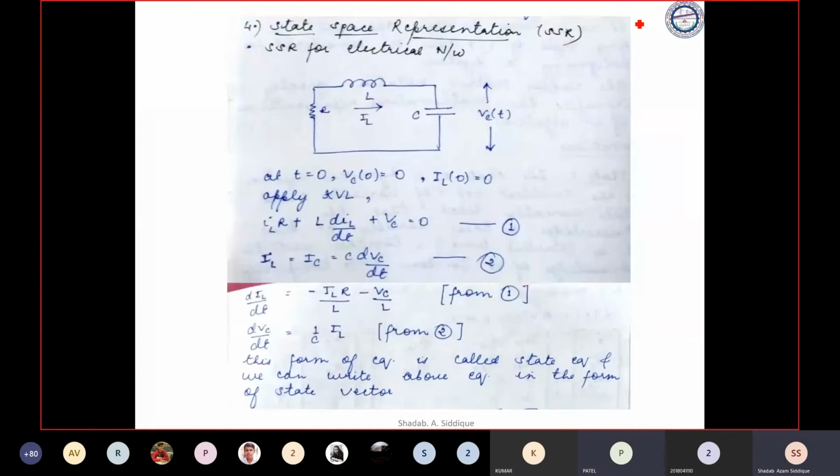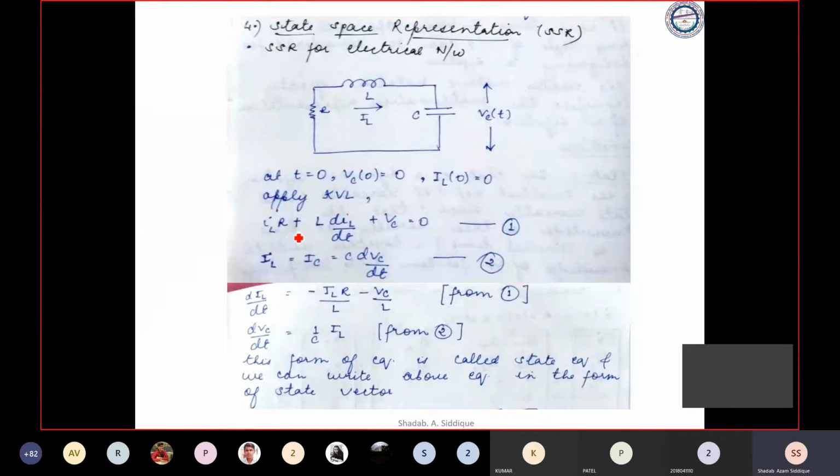Using the KVL equation, we have written the equation. IL is the current of the inductor, and IL is also moving inside this circuit. So the equation using KVL will be IL into R plus L dIL by dt plus VC is equal to 0.